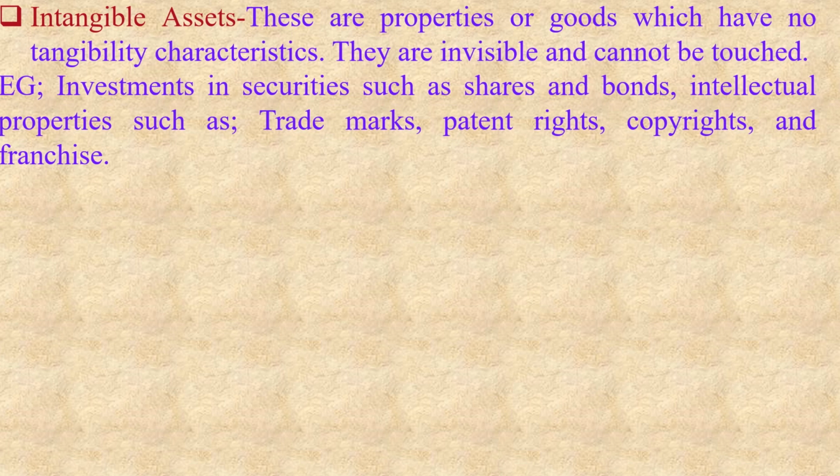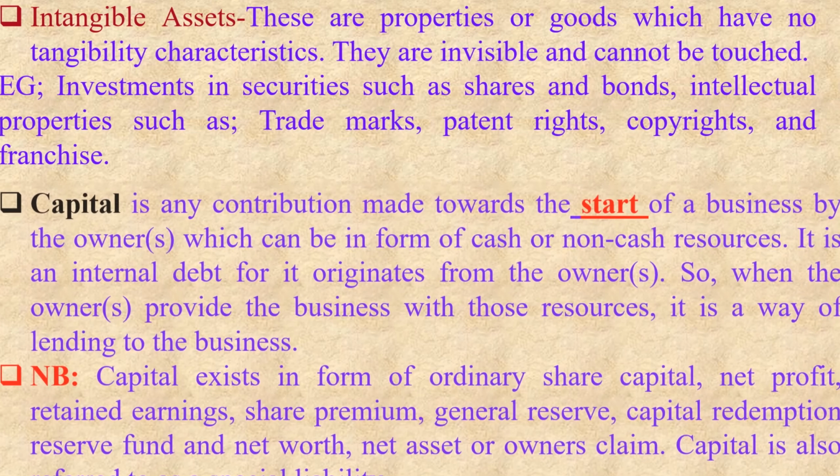For example, items like investment in securities such as shares and bonds, those are not tangible. You cannot see them, you cannot touch them because it's an investment. We also have intellectual properties such as trademarks, patent rights, copyrights, and a franchise.